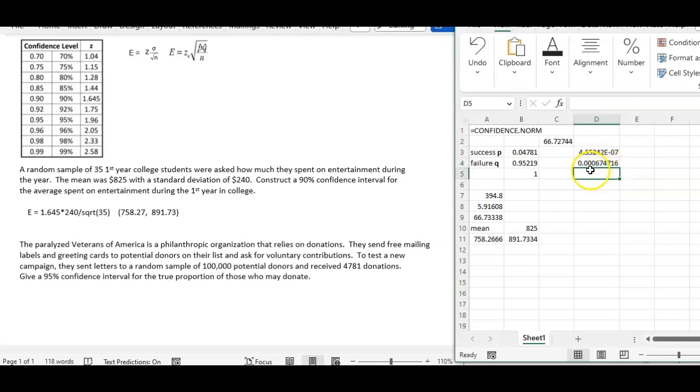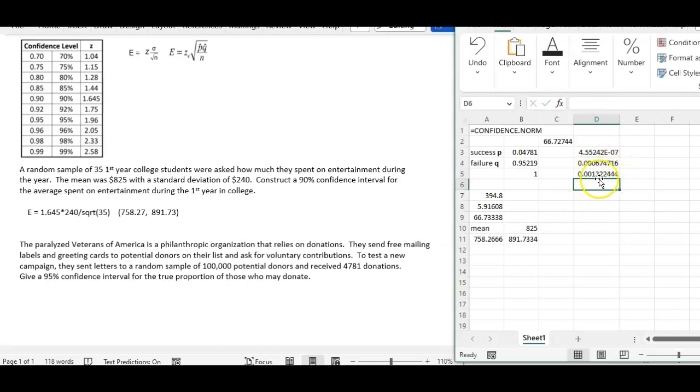And the square root of it is 0.000674716. And now I have to multiply that by my z with 95% confidence. So I just look at my table. It's 1.96. So I'm going to say equals 1.96 times, and I'm just going to point to this, because that number represents the square root of p times q divided by n.